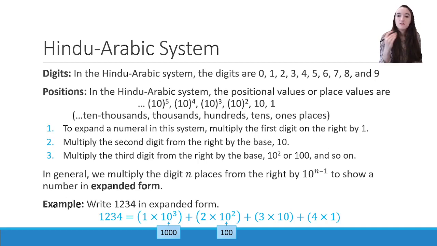This tells me 4 in the ones, 3 in the tens, 200s, 1,000, all added together gets us this number. Now if we want to apply this to other numeration systems, we're going to have to figure out how to work with other bases, but it's going to work in a very similar way. The only thing that's really going to change is that instead of the powers of 10, we'll have other positional values.